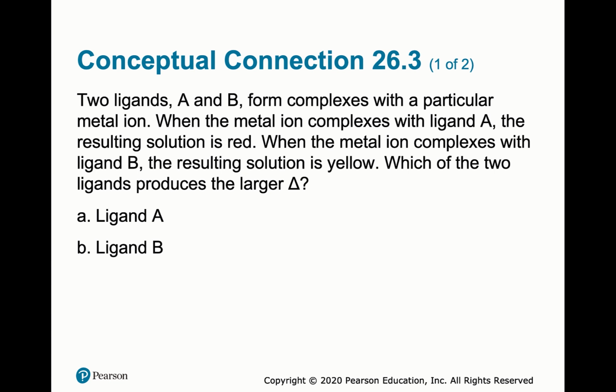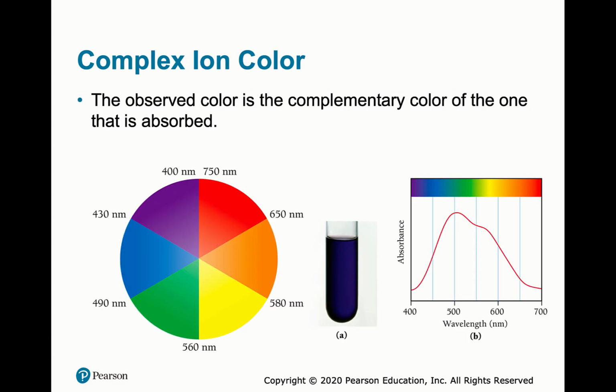Let's look at this one. Two ligands form complexes with a particular metal ion. When the metal ion complexes with ligand A, the resulting solution is red. With ligand B, the resulting solution is yellow. Which of the ligands produces the larger change in energy? So we have to go back here. The opposite of red is green, and the opposite of yellow is violet.